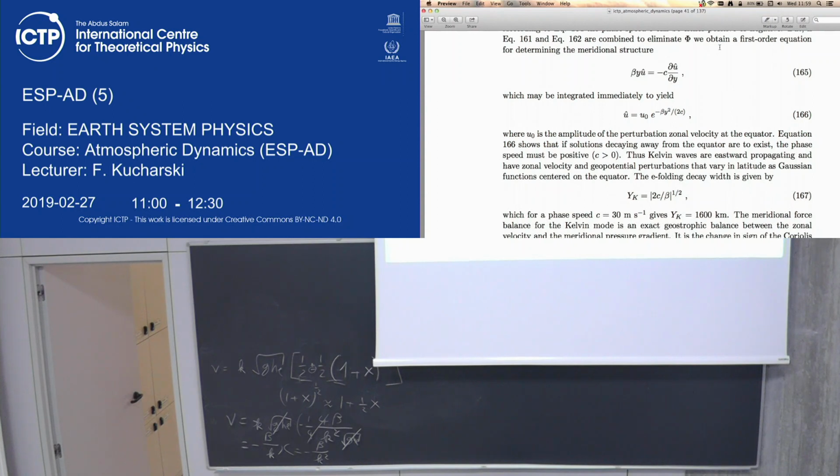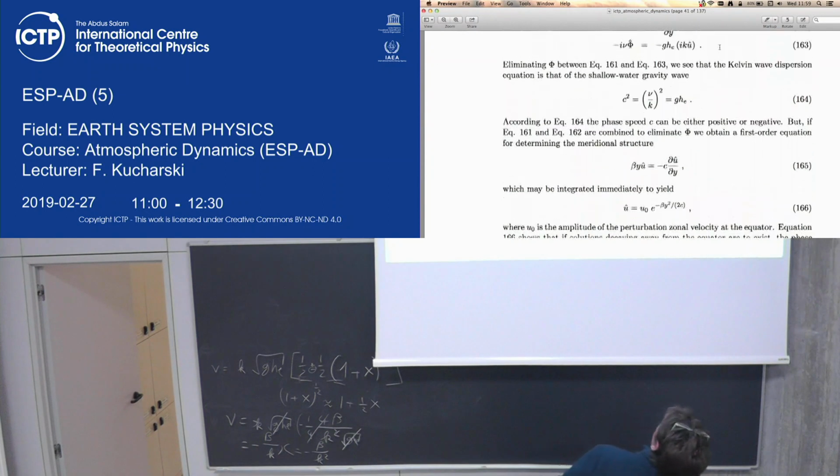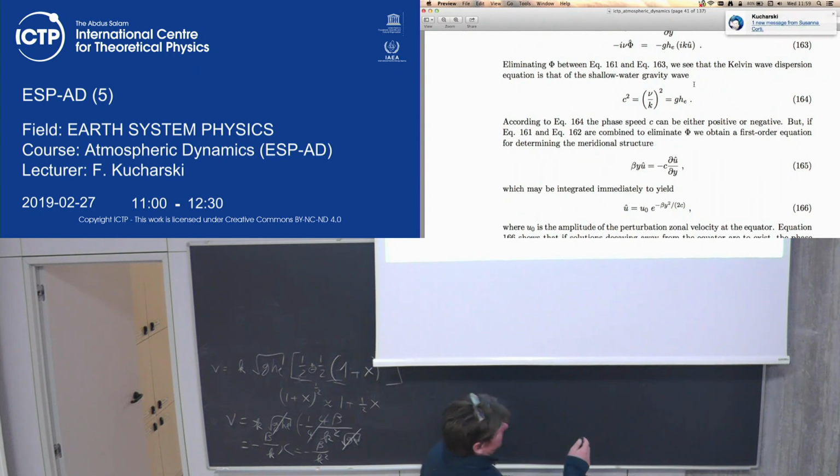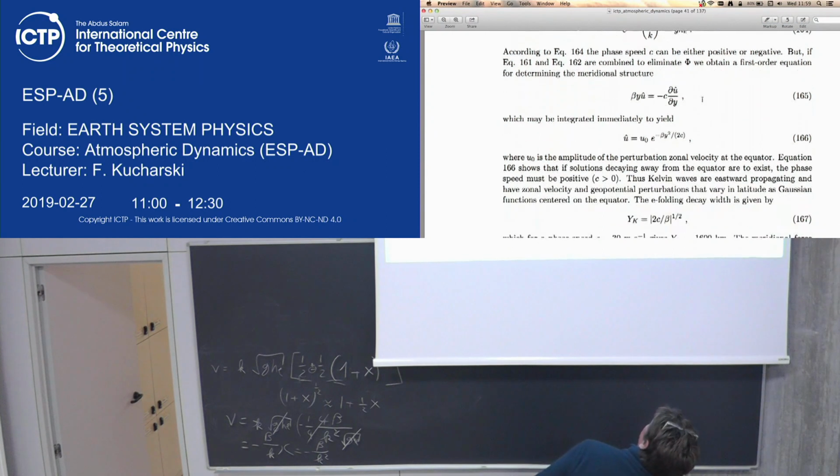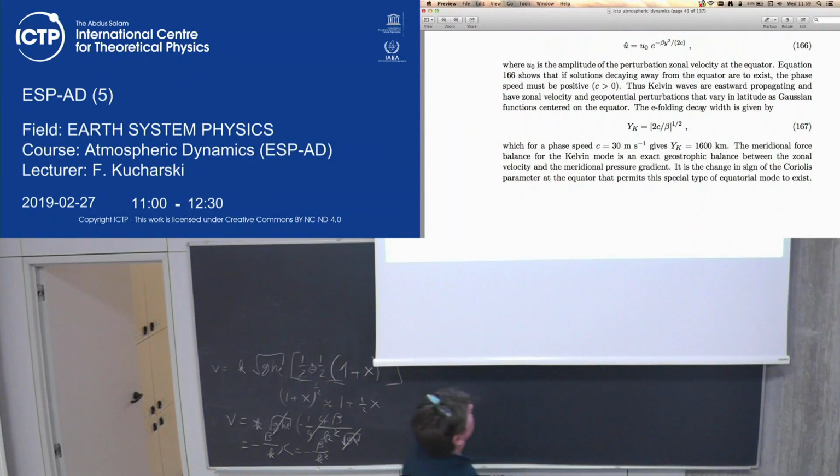We say, okay, in order to derive the phase velocity, we could insert the height here. We will do this in a minute. But if we take observed phase velocities of Kelvin waves derived from our phase diagrams, we get that they are around 30 meters per second. So this gives us an e-folding distance of 1,600 kilometers. So once we are 1,600 or 2,000 kilometers away from the equator, these waves have already very small amplitude.